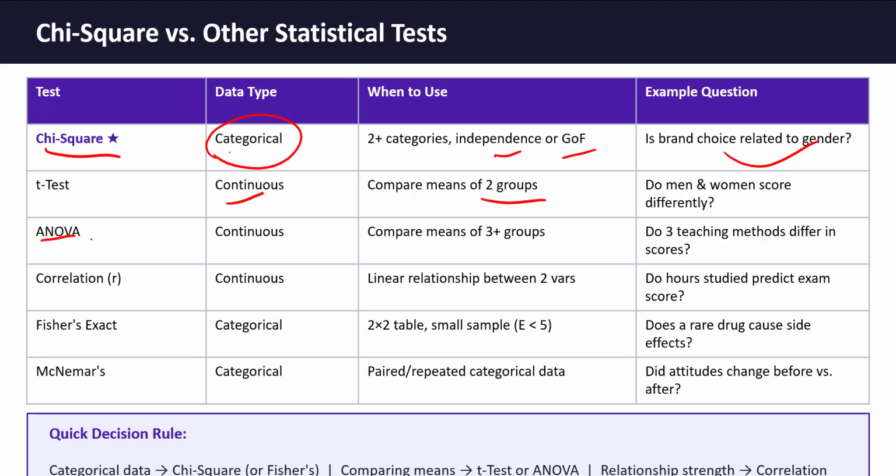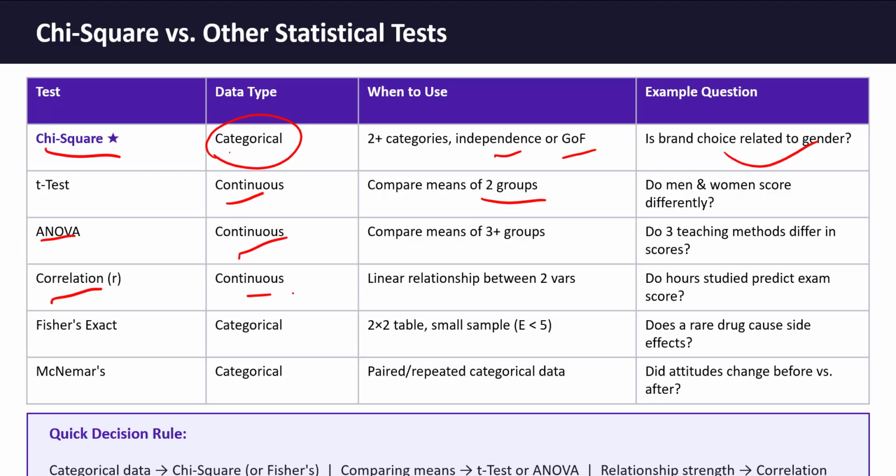And the ANOVA test is applied to continuous data as well, so we can compare means of three or more groups. For example, do three teaching methods differ in scores? And correlation is applied to continuous data, so we try to locate a linear relationship between two variables.